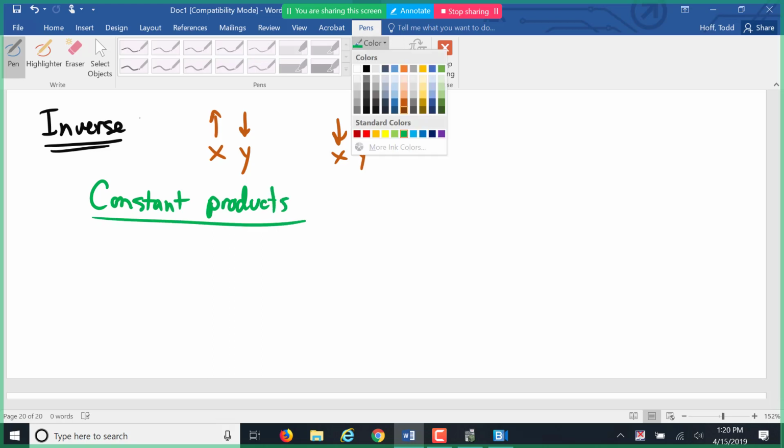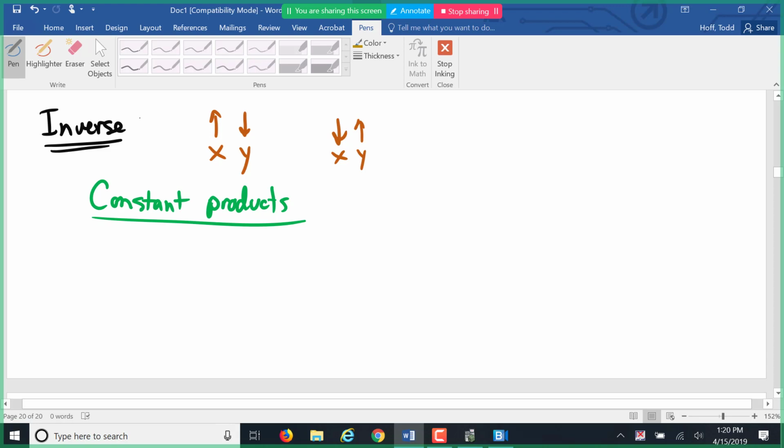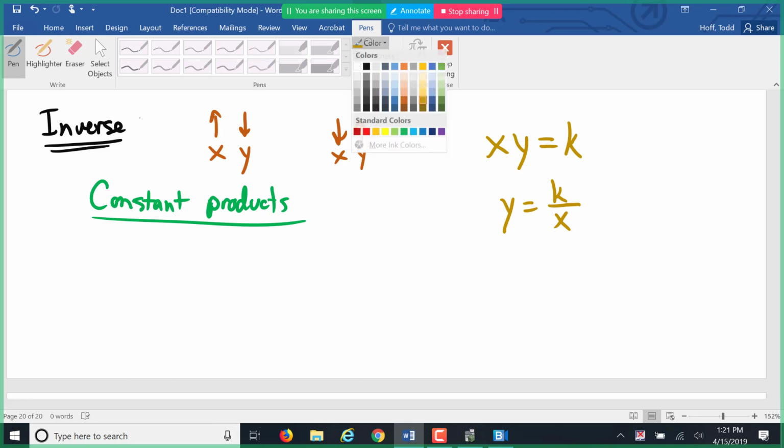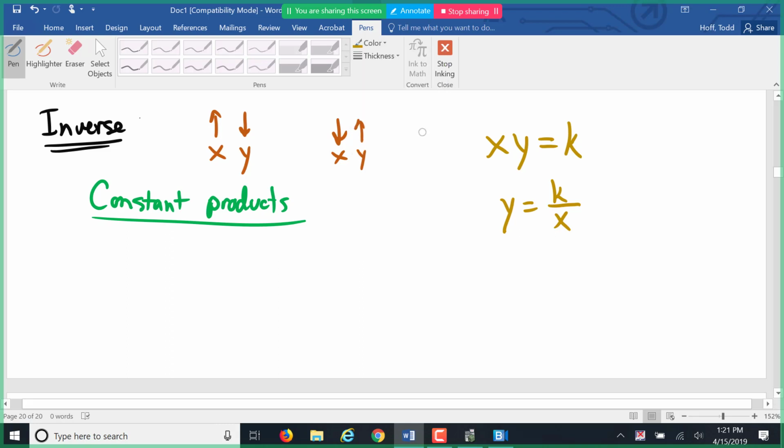So what that means is one of the forms could be x times y equals a constant. Now, we've been having things in the form of y equals, just like we did with direct. If we solve that for y by dividing by x, we get y equals a constant divided by x is the main form, or one of the main forms, for inverse variation.